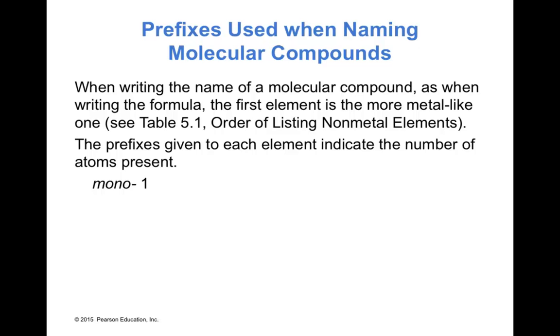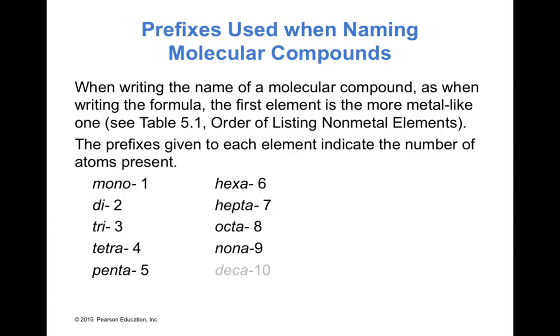These are some examples of the prefixes: mono, that represents one; di, that is two; tri, that is three; tetra, that is four; penta, that is five; hexa, hepta, octa, nona, and deca. So these are basically the prefixes that we're going to use in this course for naming the molecular compounds.